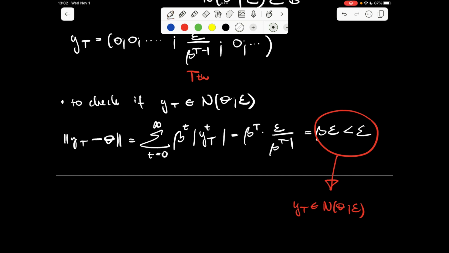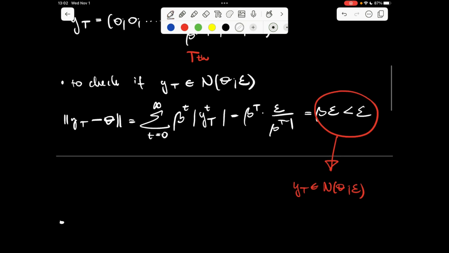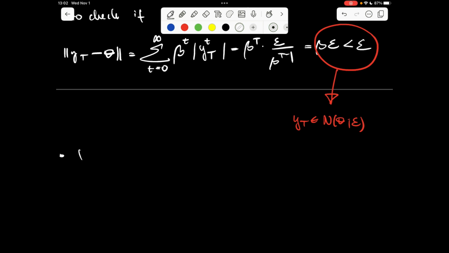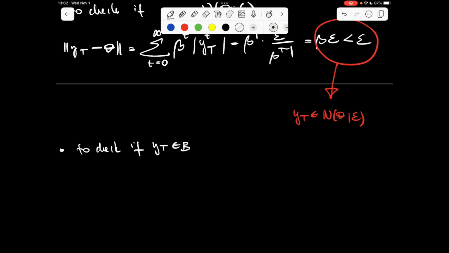The second question is to check if yt is in set B. Because this is the condition we need to claim that theta is an interior point.